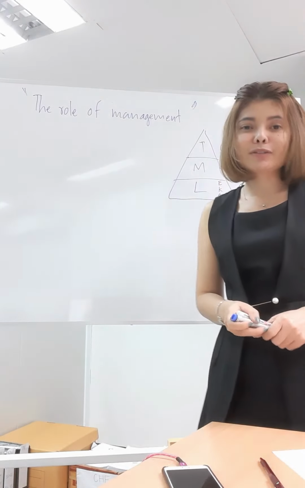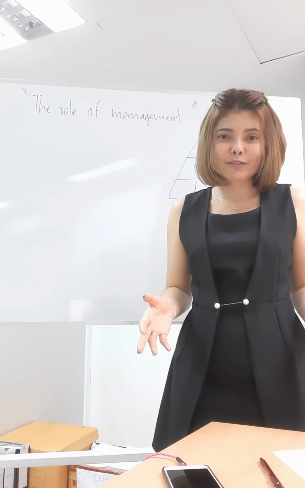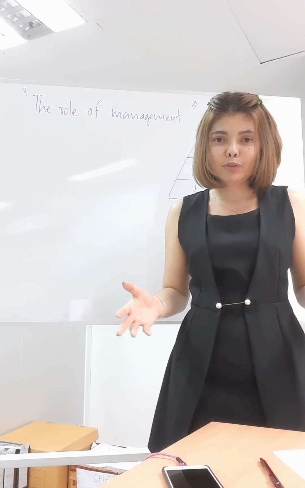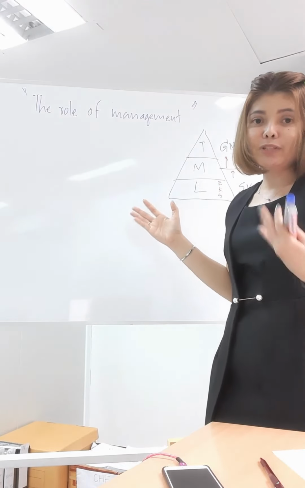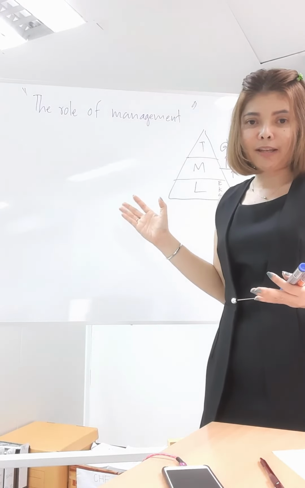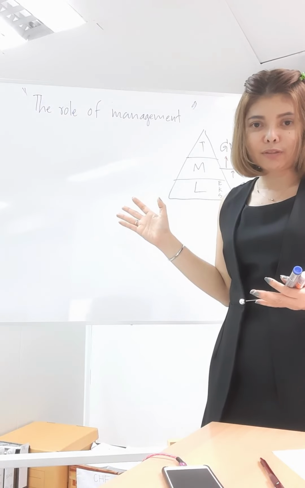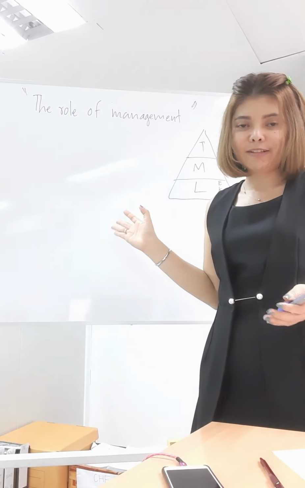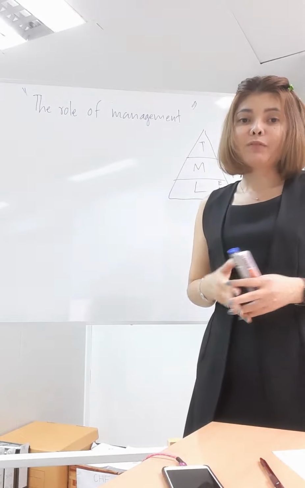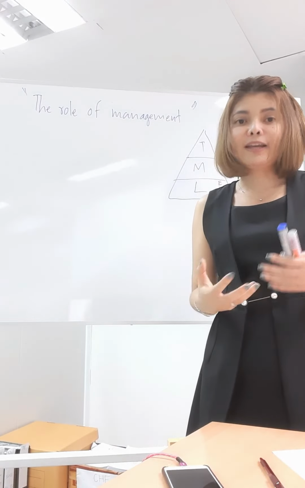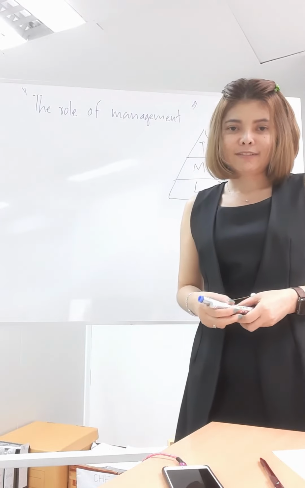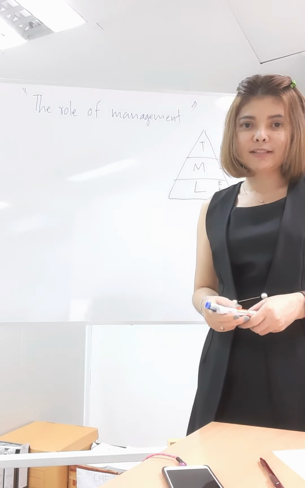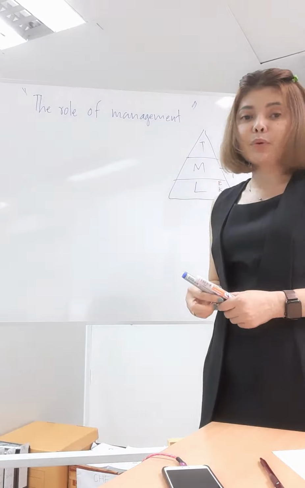Because the company hired them, because the company expects them to be middle management, right? Which means middle management have to support strategy, right? So that's why we have to work according to the top management's expectation, right? This is the first point.